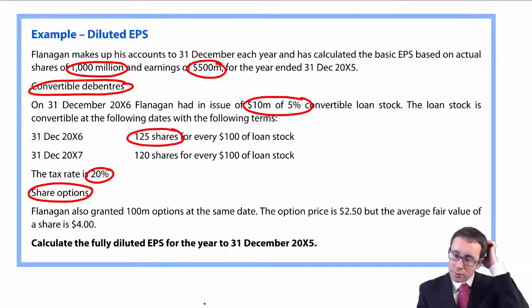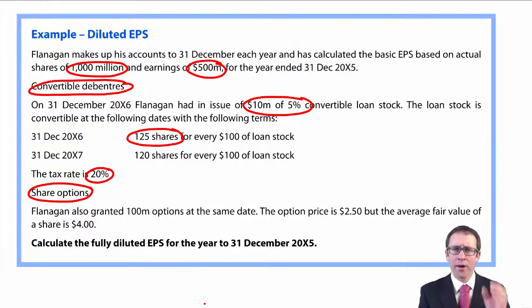If we look at the share options, again what you've got is a basic EPS of 50 cents per share. Under the share options, there's never any impact on earnings. We just need to look at the number of free shares given under the option.